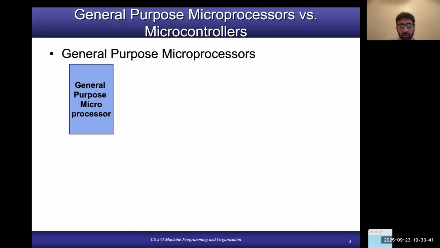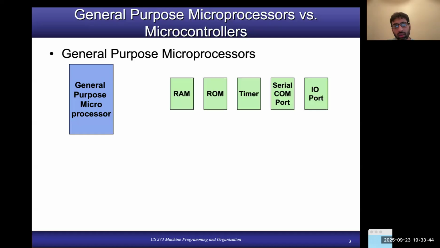All other components of a computer system, for example RAM, read-only memory, data memory, timer, serial communication port, or other I/O ports, are not built on the same chip as the microprocessor.